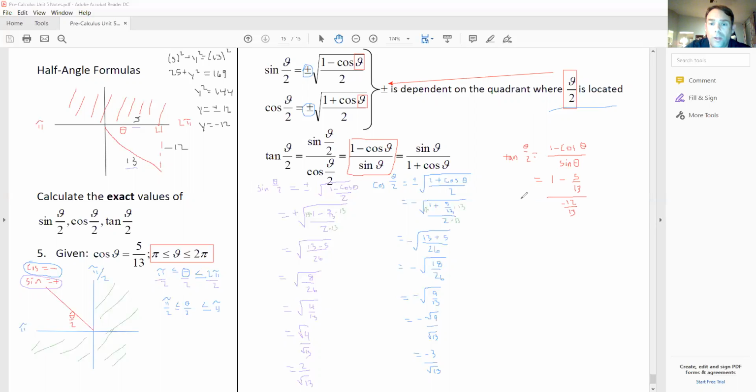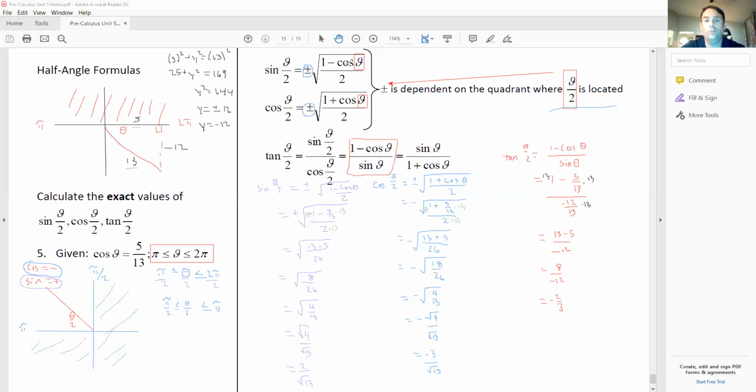And if we multiply everything by 13, friends, we end up with 13 minus 5 over negative 12, which is 8 over negative 12, which is negative 2/3.